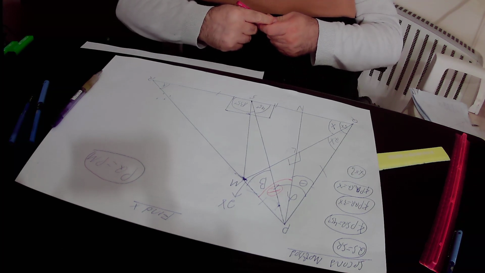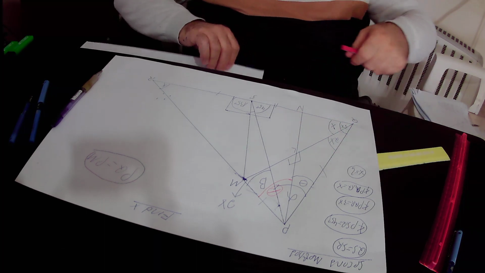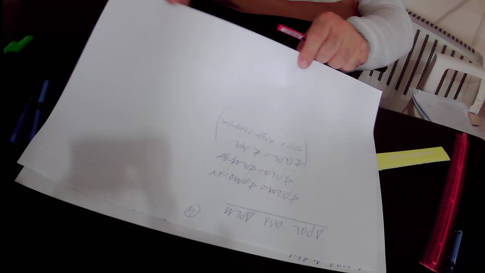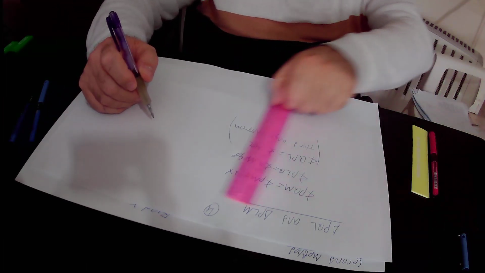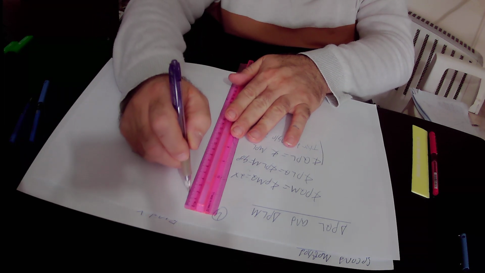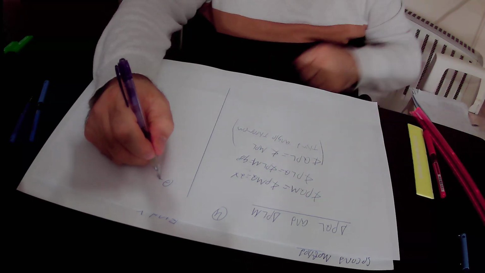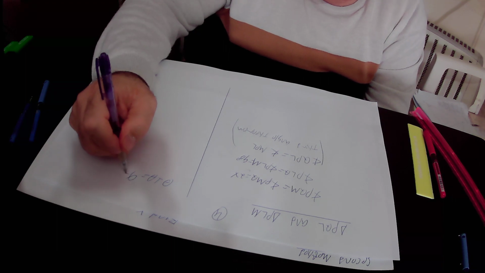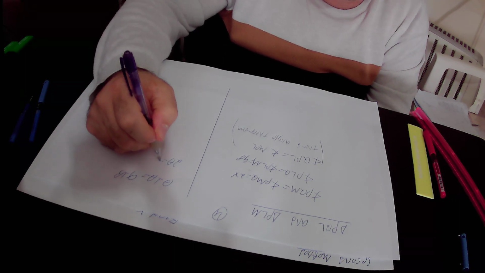From the drawing you can see easily that theta plus theta equals alpha plus beta. Theta plus theta is 2 theta and it equals alpha plus beta.